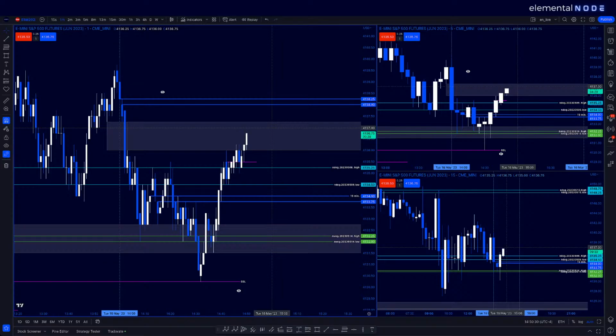I want to see it go through the high of that gap straight to that imbalance.